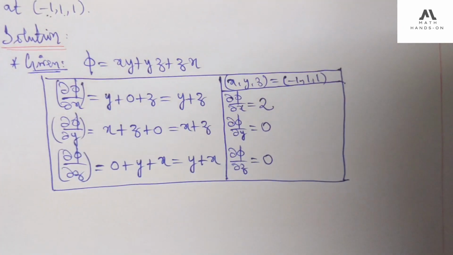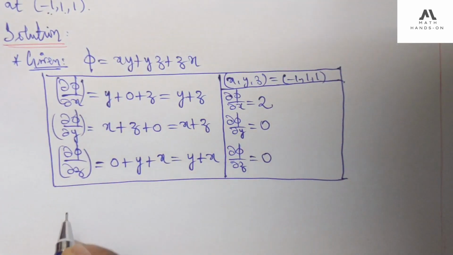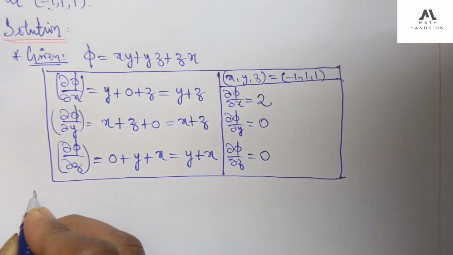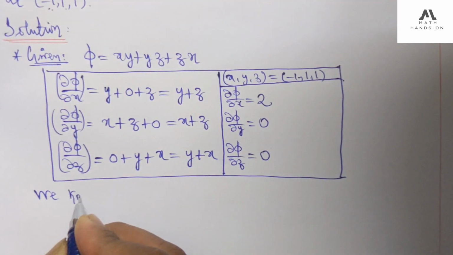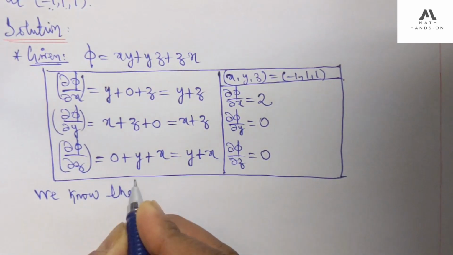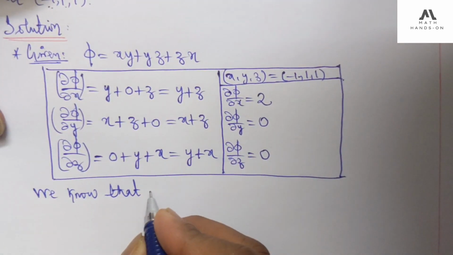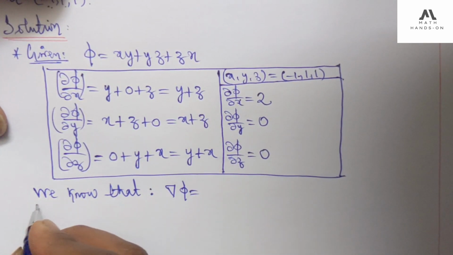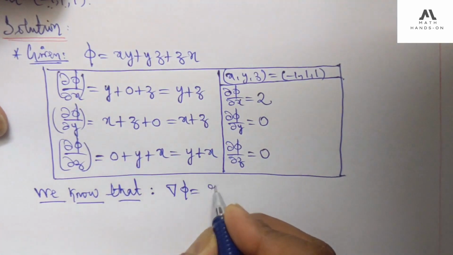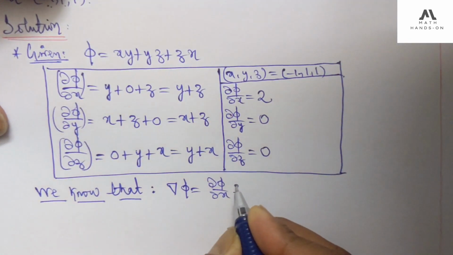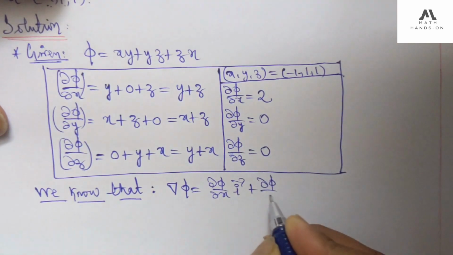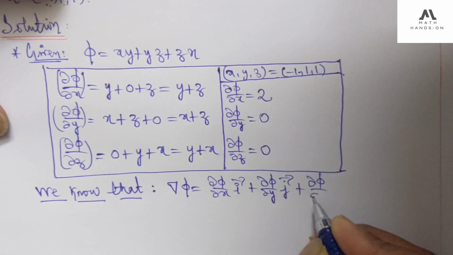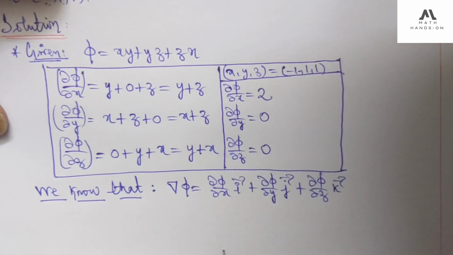By using these three values we can find del phi. We know that del phi is equal to dou phi by dou x into i vector plus dou phi by dou y into j vector plus dou phi by dou z into k vector.